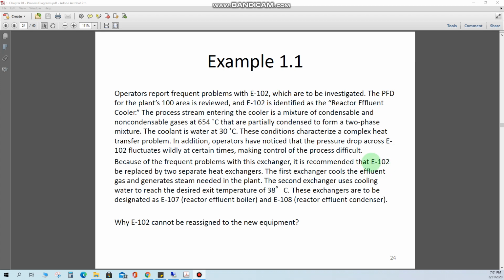Now there is an installation of two new heat exchangers instead of this one. Now the new designation is E107 and E108. We cannot use the E102 tag again for any of the newly installed heat exchangers to avoid any confusion. Why can E102 not be reassigned to new equipment? This is the reason that we cannot use the old tag names for the new equipment.